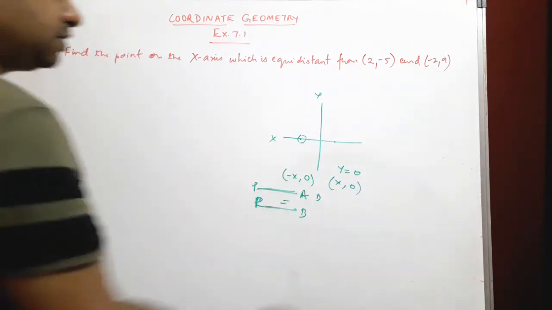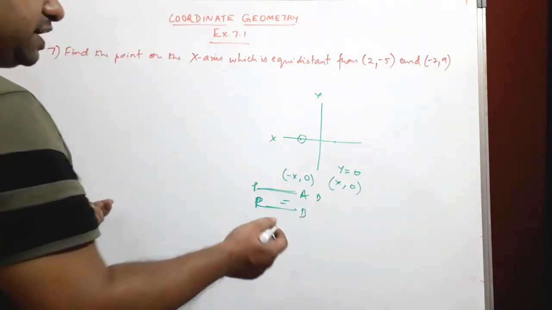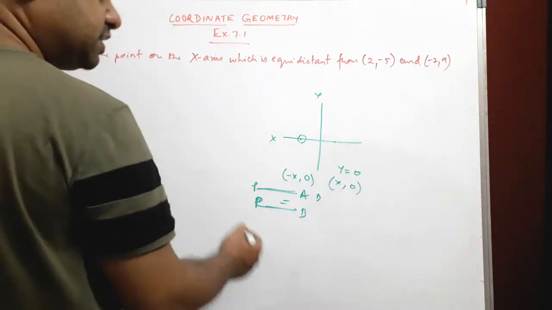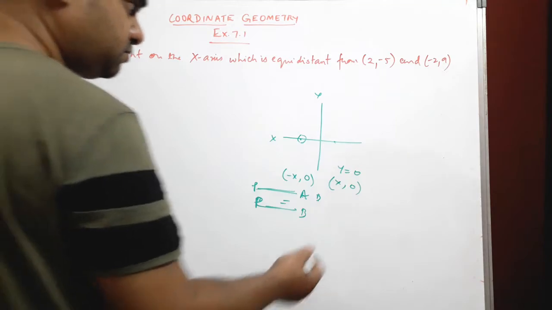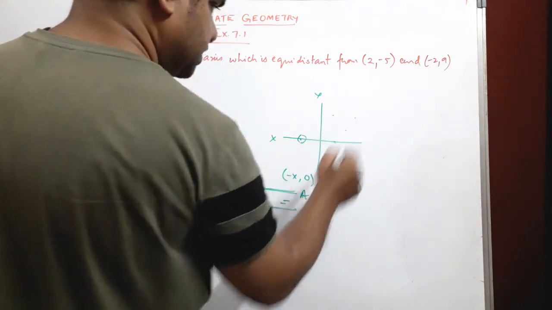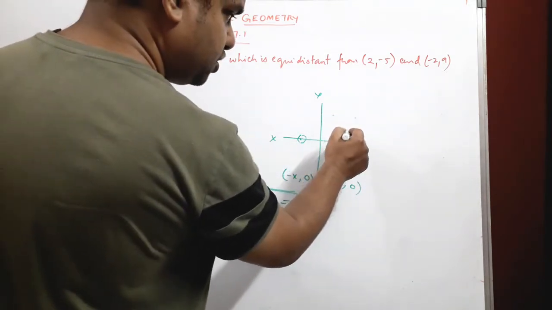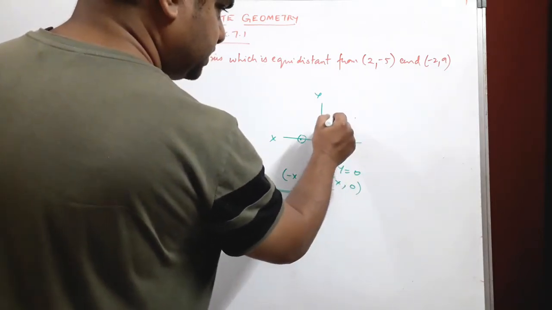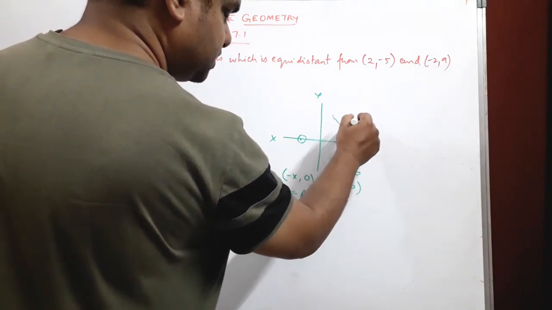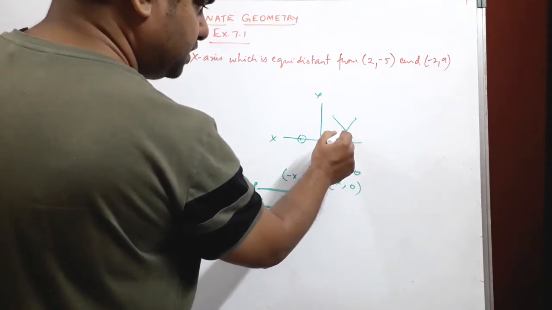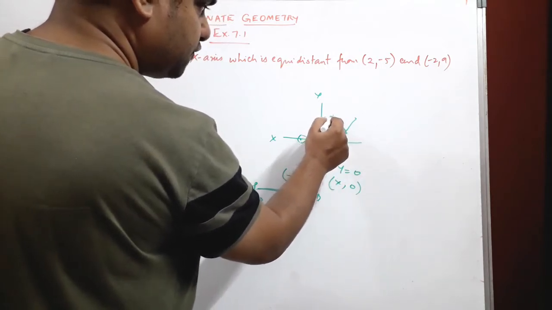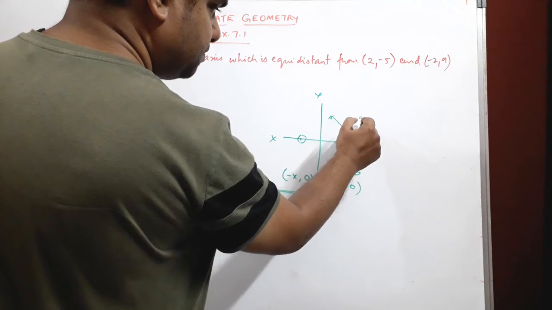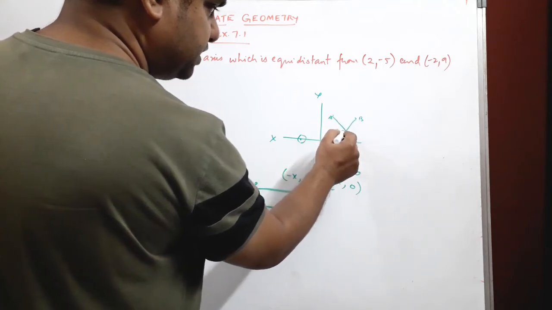Got it? So in other words, it's trying to tell you there are 3 points, 1, 2, 3, and this is your P, let's say, and this P is equidistant from the other two, which means from P the distance to A and B, that means PA is equal to PB.